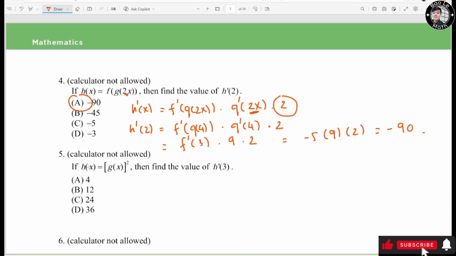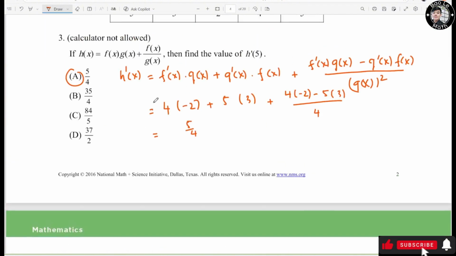Now question 5. If h of s equals g of s squared, then find the value of h prime of 3. So we have h prime of s equals, we're going to use the power rule, right? So it could be 2g of s times g prime of s, right? So we have h prime of 3 is 2 times g of 3 times g prime of 3, right?